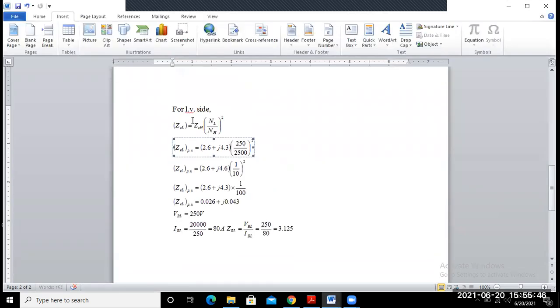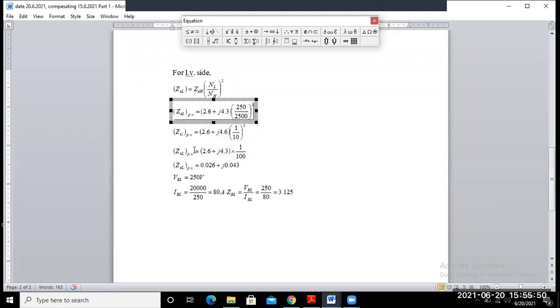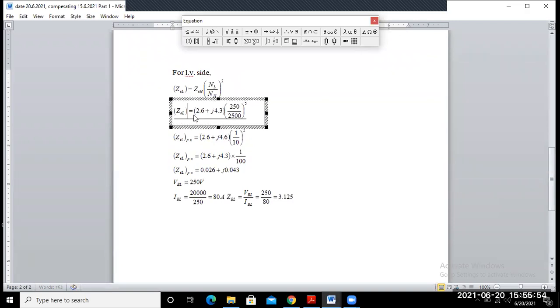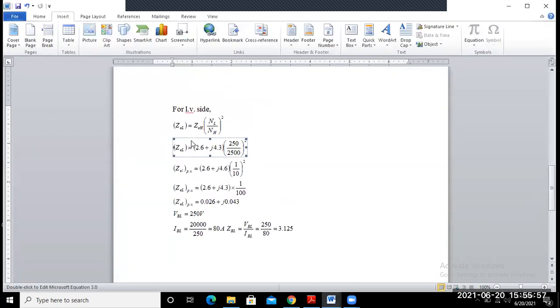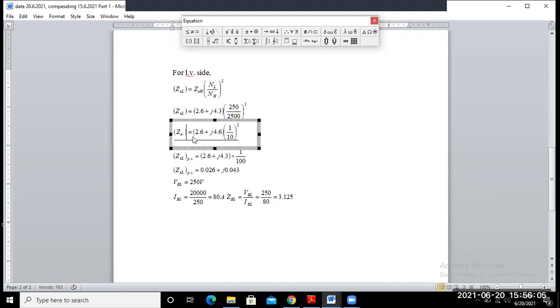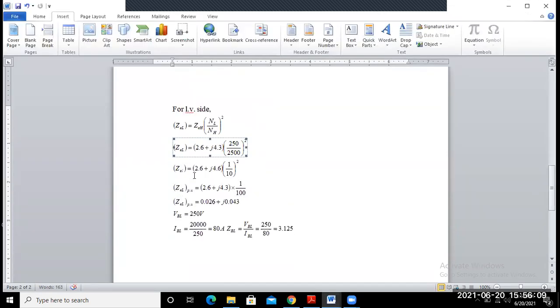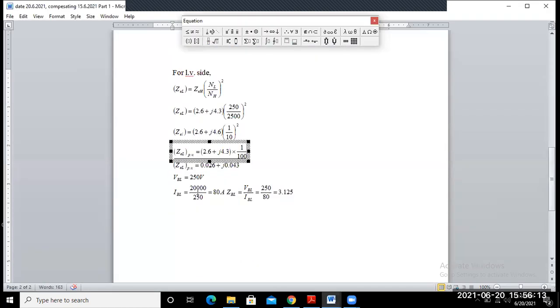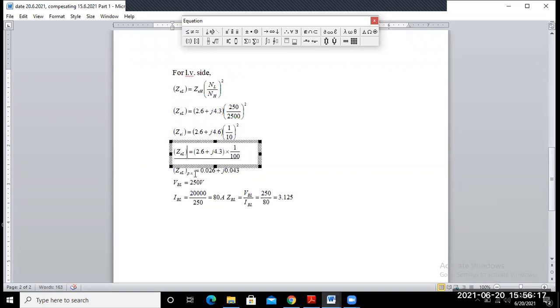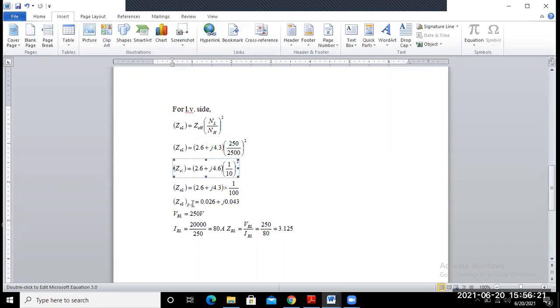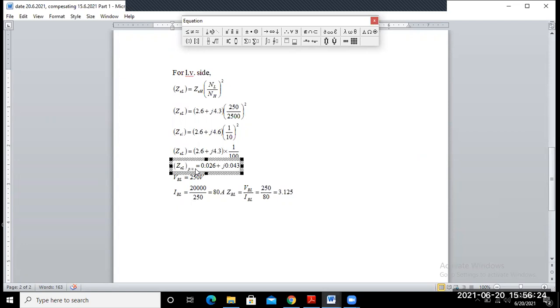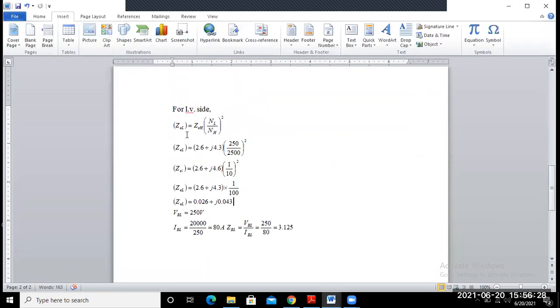So ZEH given to you is transferred in ohm towards the LV side, that means ZEH multiplied by (NL by NH) whole square. So this value is in ohm.